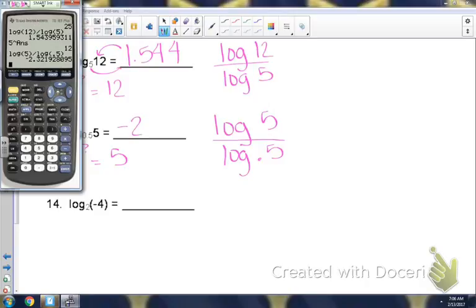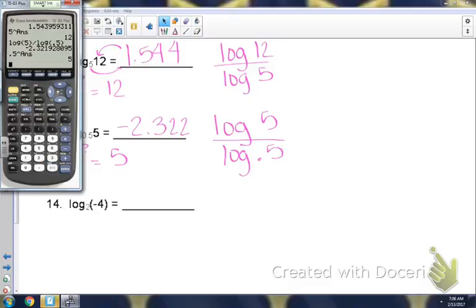So negative 2.322. The reason it's negative is because we have a fraction here, 0.5, okay? Again, you can check it. So 0.5 caret previous answer, and you get that 5, okay?